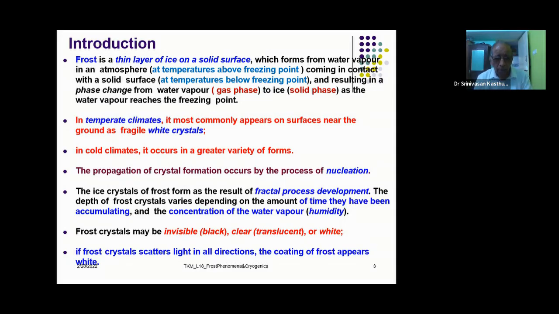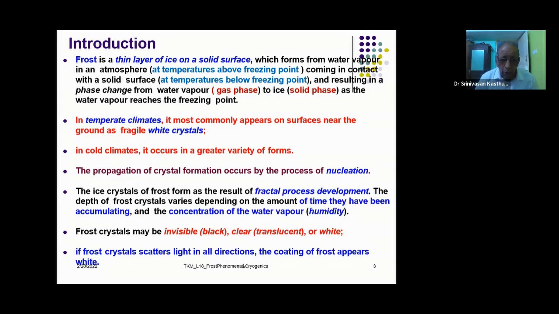But in a cold climate, it occurs in a variety of different forms. In cold climates, the temperatures are sufficiently low, so you will see different varieties of frost formation that depend on the water vapor content, or in other words, the moisture content in the atmosphere, as well as the temperatures involved.